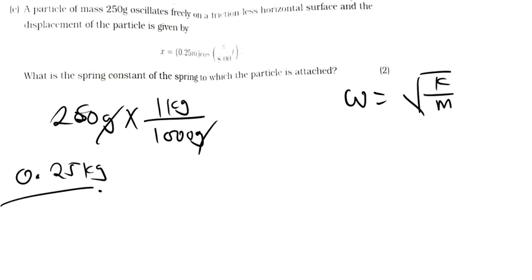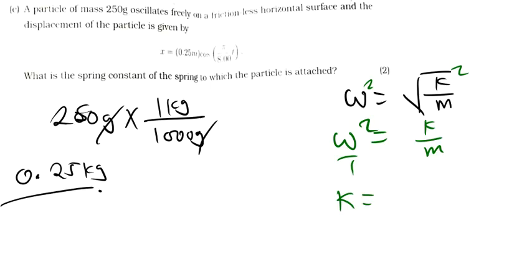So now we want to find the k value. Let's square both sides. We know that the angular frequency is the number in front here, which is pi over 8. So we can just plug in the values, it's fine. Anyway, let's just square both sides to get rid of the square root. So it will be k over m. Then we cross multiply.